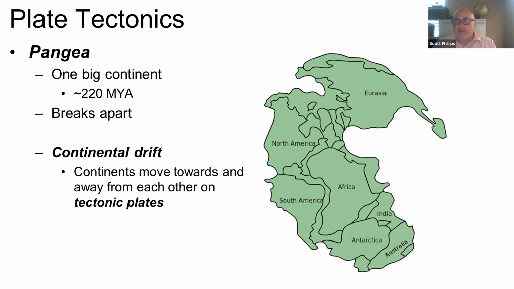He collected evidence, and there is a lot of strong evidence that the continents we see today as separate were at one time one big continent. The idea is that they drifted apart over time, and it wasn't accepted right away. Until people really learned about tectonic plates, it was hard to imagine how they could move.